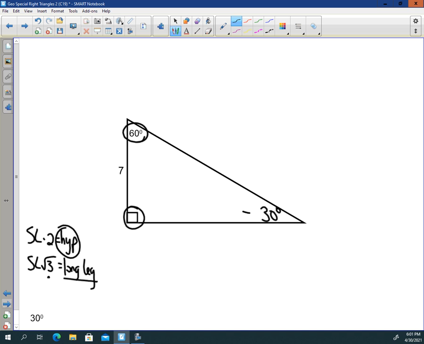The 7 is still across from it, so that's your short leg. The hypotenuse is still across from the 90, and so you know that that one's still 14, even though it was set up differently. And the third leg is 7 times the square root of 3. So no matter what, you're still going to be able to rely on the short leg. It's just that you might not have that 30-degree angle in there, and that's okay.